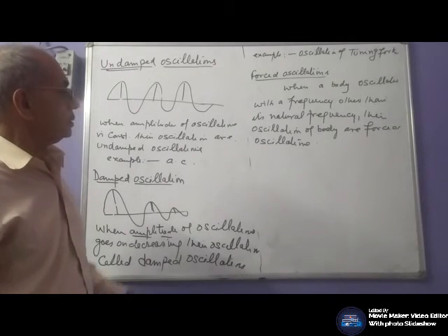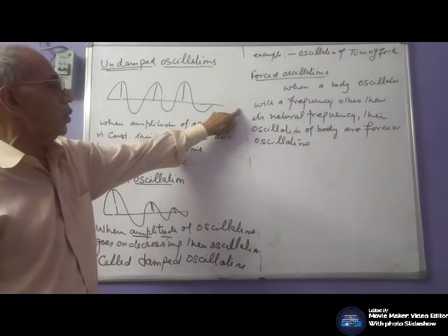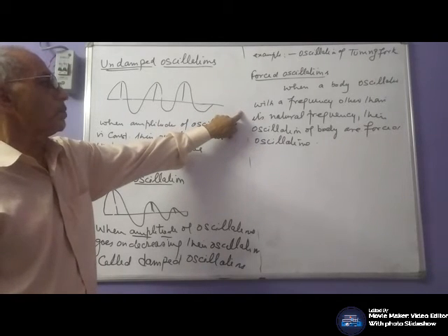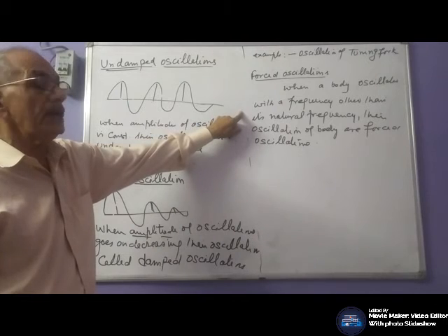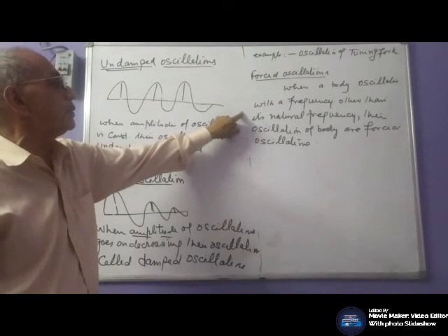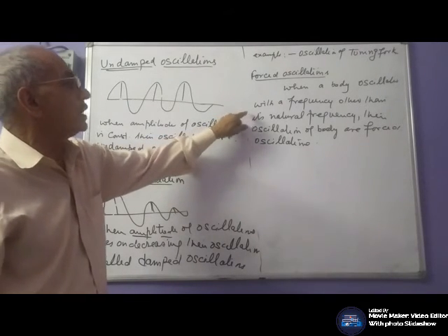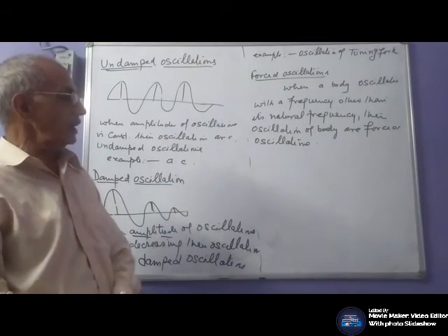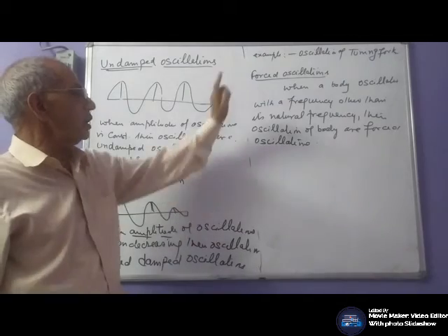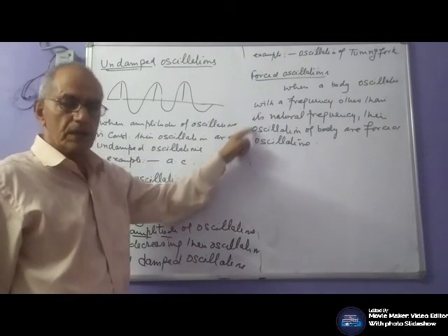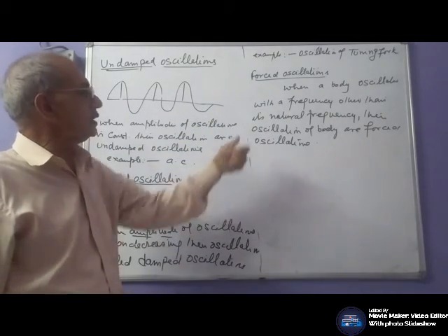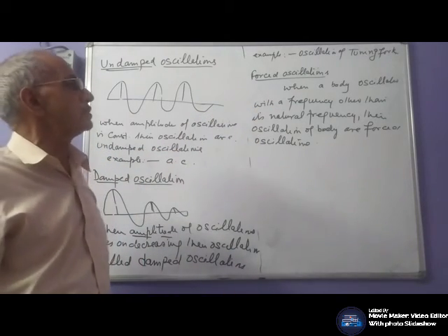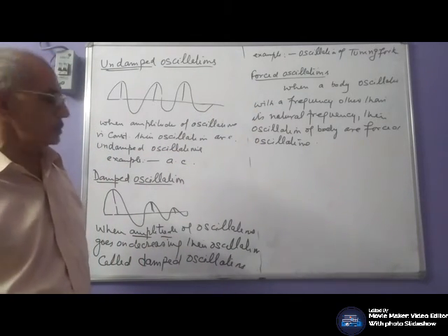Suppose the natural frequency of this board is 20 oscillations per second and it is made to vibrate at 30, 40, 50, then those oscillations of this board will be forced. Again, natural frequency is 20 and it is made to vibrate other than 20, then the oscillations are forced oscillations.